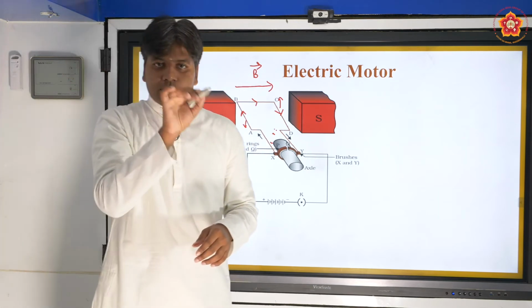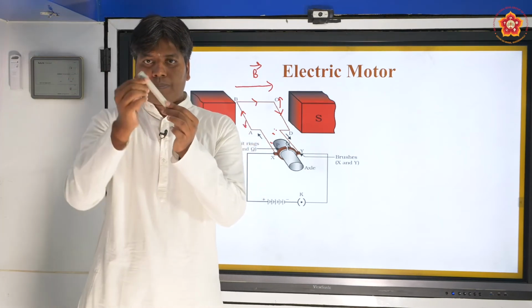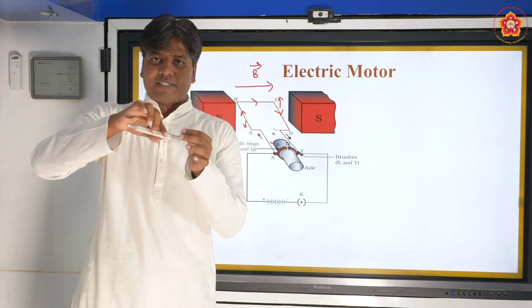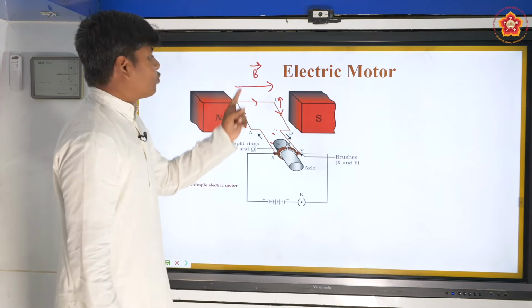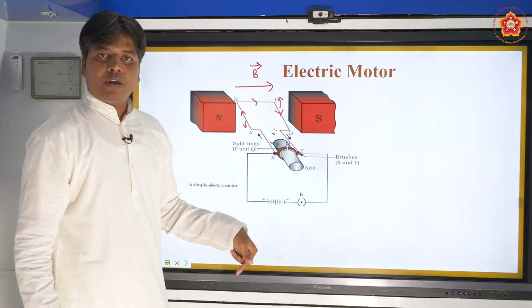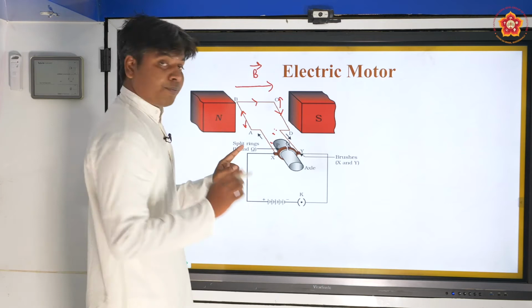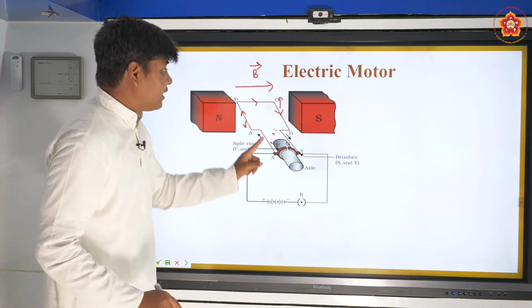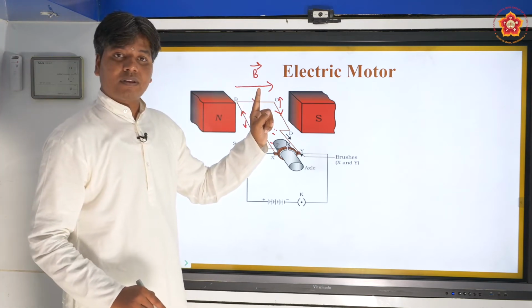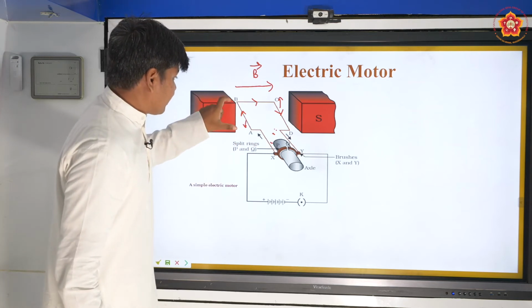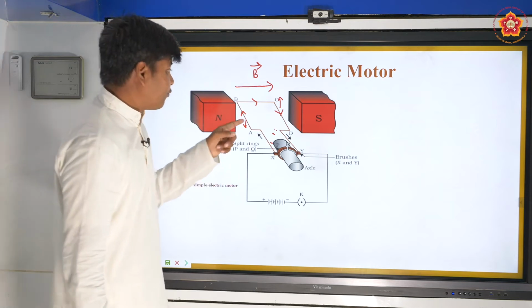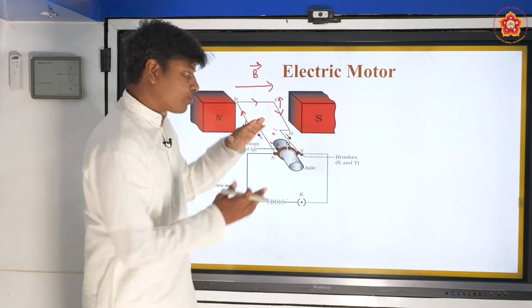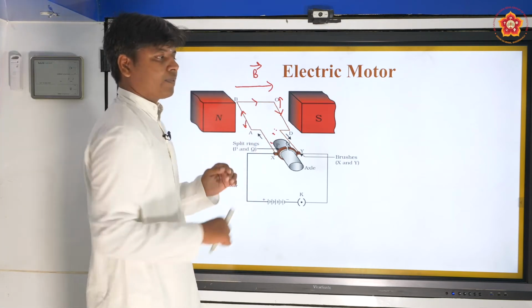So to form a full circle, one segment has to go up half a circle and come down half a circle, right? Here we saw why segment AB is going down and CD is going up: because the force acting on AB is downwards and the force acting on CD is upwards, that's why you are able to rotate the coil.